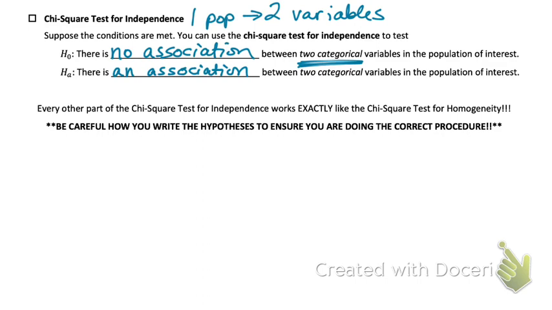One variable, but two or more populations or treatments, that is homogeneity. The only thing that's going to be different is the way you write your null and alternative hypothesis, and when you state which chi-squared test you're using under the "do". Those are the only parts that are different. Okay?